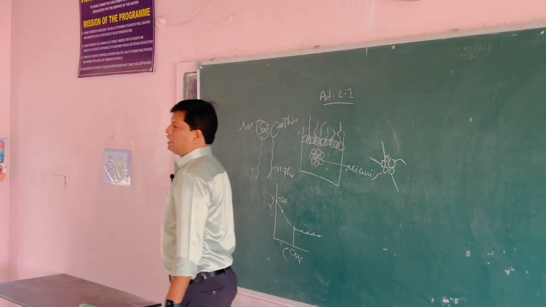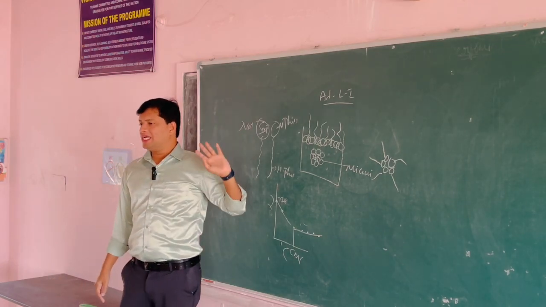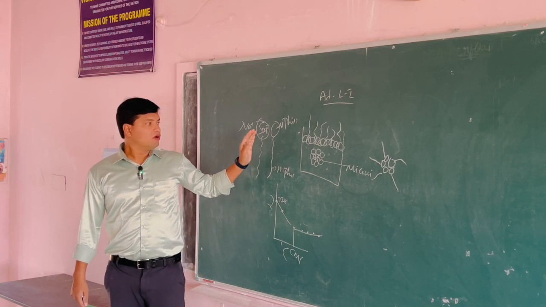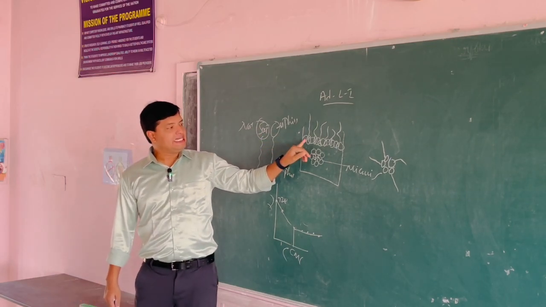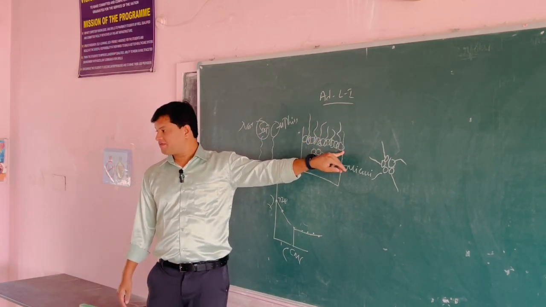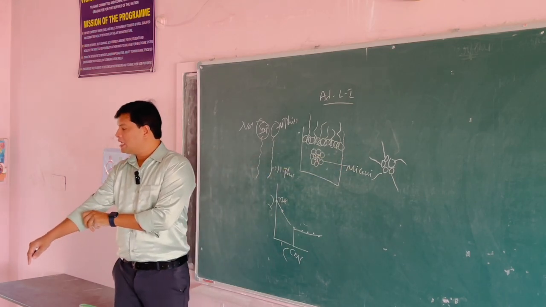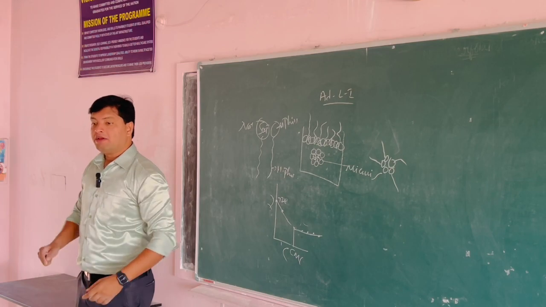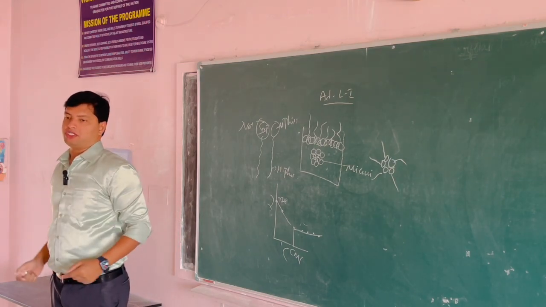This is the adsorption at liquid interface. So when you add a surface active agent, initially it will decrease the surface tension by adsorbing at the liquid interface. At a particular concentration, they will go into the bulk of the solution.